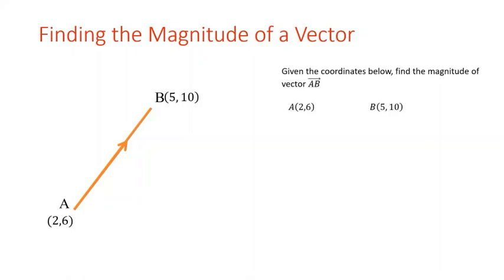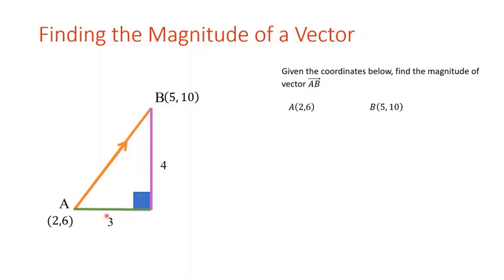Okay, so let us consider coordinates. What if we are given coordinates, and we are asked to find the magnitude of our vector? So we could construct a right angle triangle. And you may ask, did I get 3 or did I get 4?